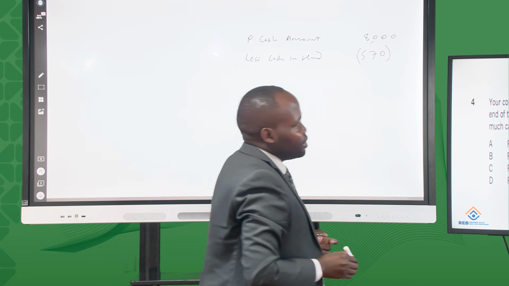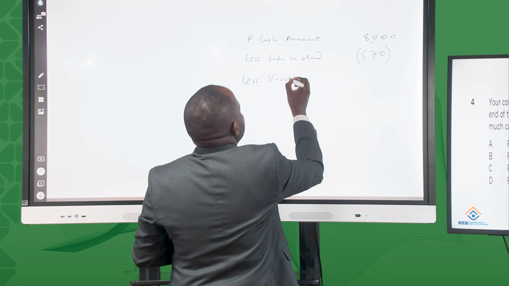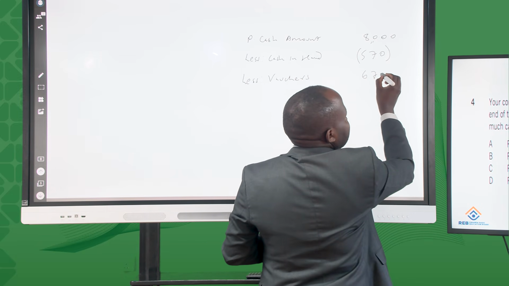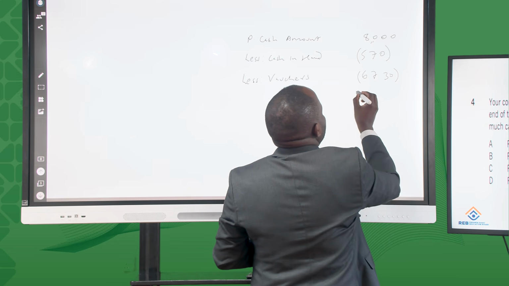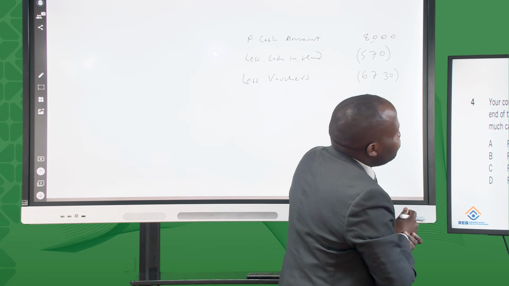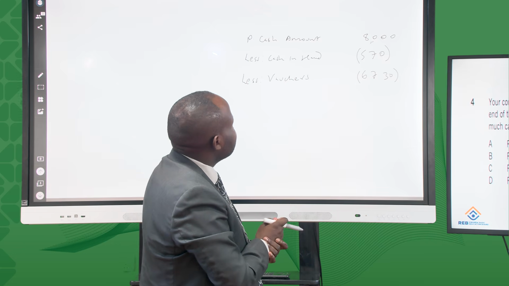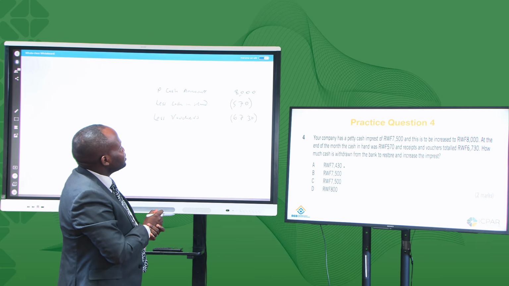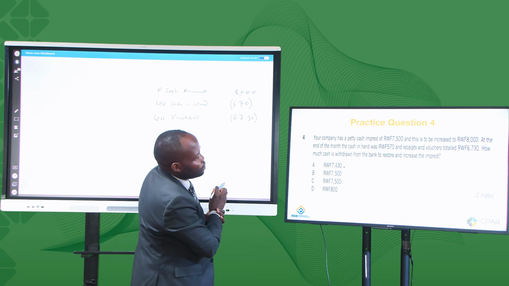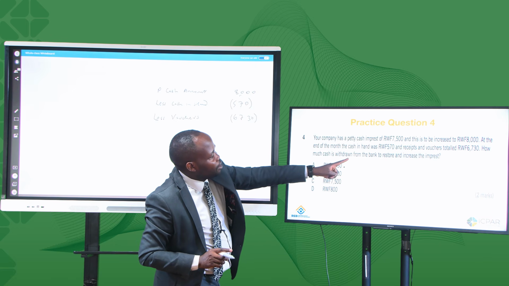And then vouchers: our vouchers and receipts show 6730. Now, okay, how much cash is withdrawn from the bank to restore that? Let's first of all read it again: how much cash is withdrawn from the bank to restore the increase in the imprest?